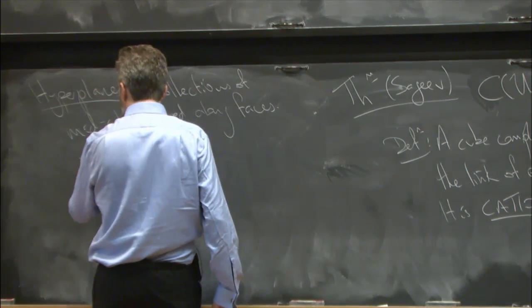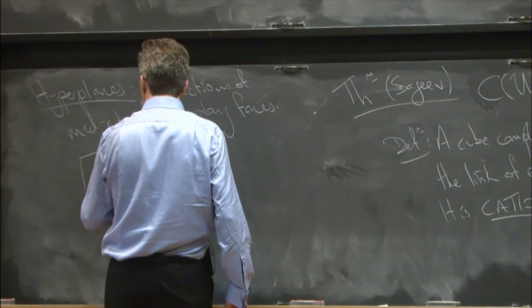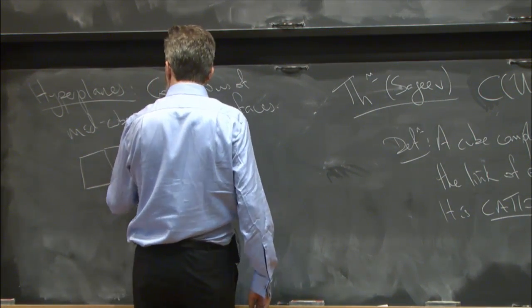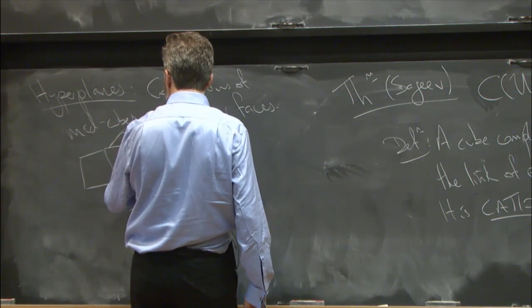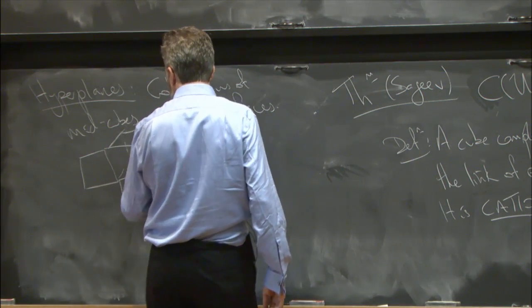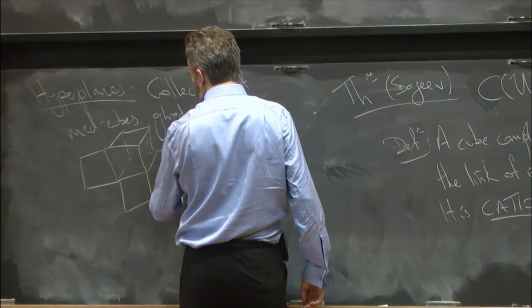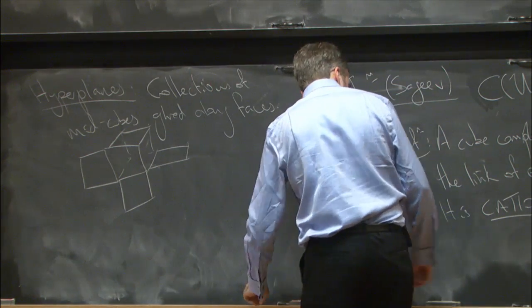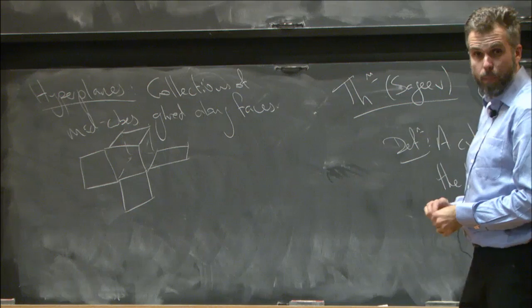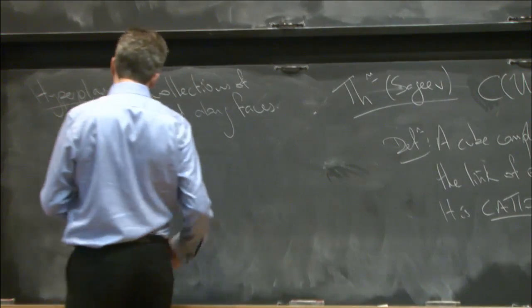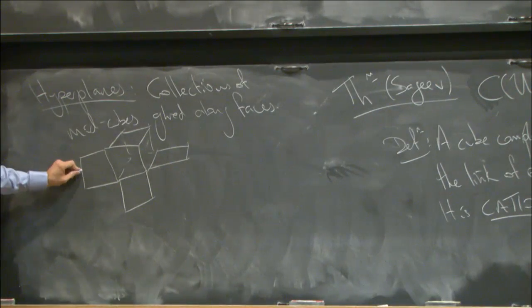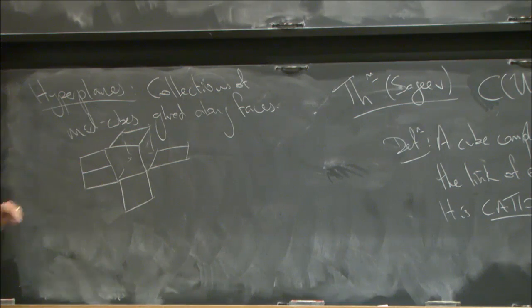So I'll tell you maybe a little more than that, but really I'd just like to draw you the picture. So if I have a cube, then it has certain mid-cubes. An n cube has n mid-cubes. That just means cut it in half. If you think of a cube as being the standard unit interval raised to the power n, you're just going to restrict to one coordinate being 1/2.